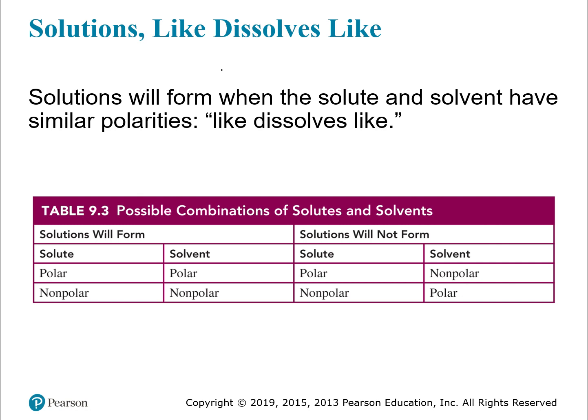It means if you have something that's polar, it will dissolve something that's polar, for example. If you have something that's nonpolar, you need to dissolve it in something nonpolar. But you cannot have polar and nonpolar. You can't pair those two together. And that's what this table shows here, the possible combinations of solutes and solvents, what solutions will form and what solutions will not form.